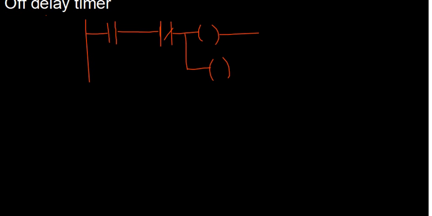You can see here I have an input signal as usual, then one more signal from your timer coming in series, then from these two I have one timer coil as well as one output coil. Here what I do is bring the output back as a latch.